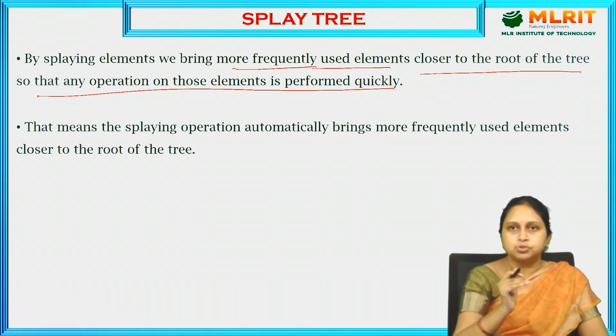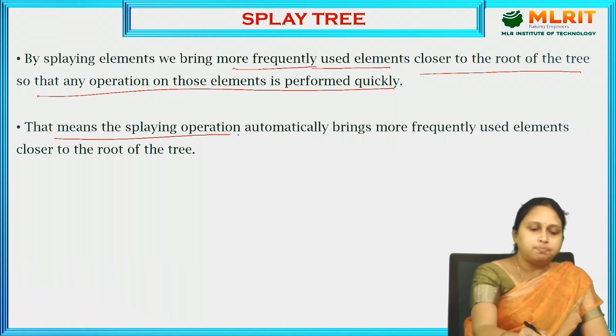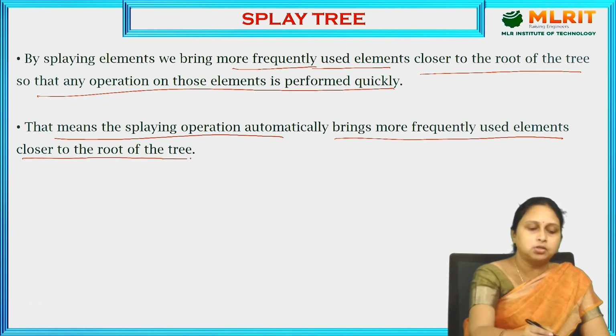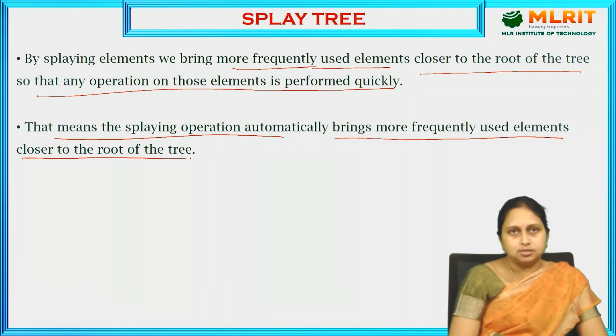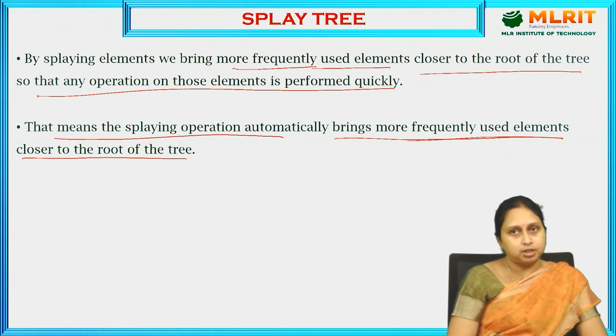If the element is nearest to the root, or it is the root node itself, it is very easy to access. That means the splaying operation automatically brings more frequently used elements closer to the root of the tree, or they may even become the root. This is splaying.